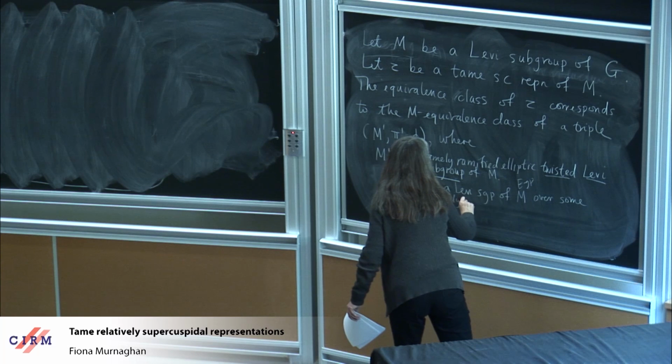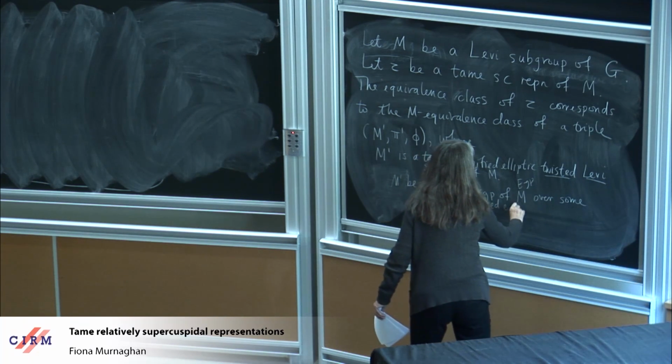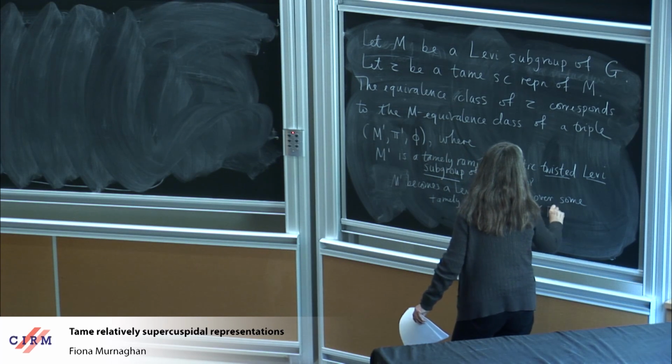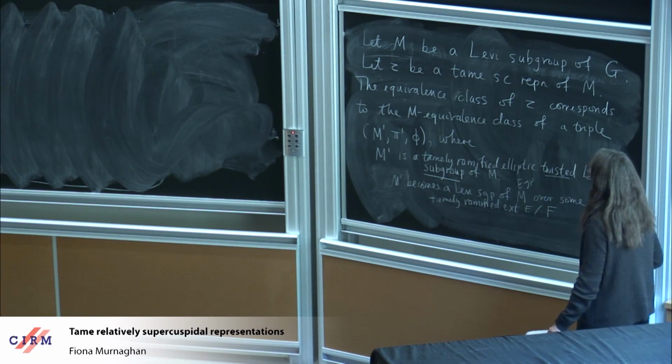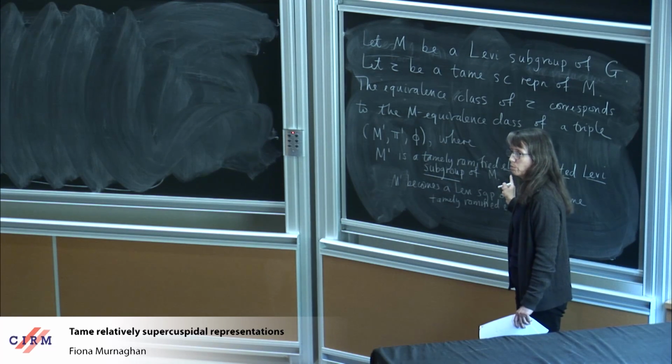So a tamely ramified extension E of F. And elliptic just means it does not sit in any actual proper Levi subgroup.